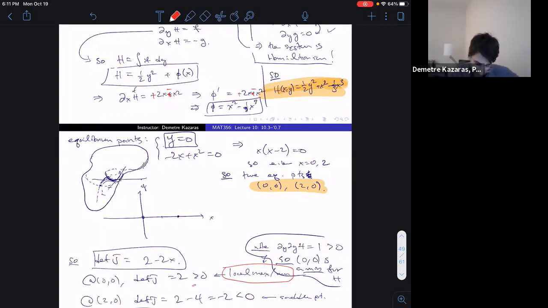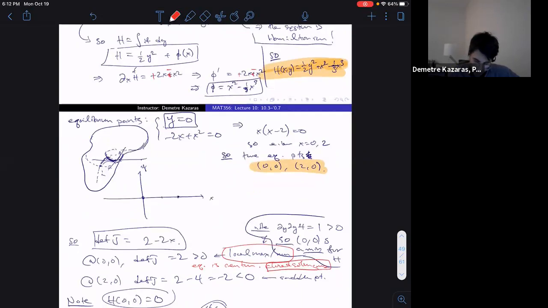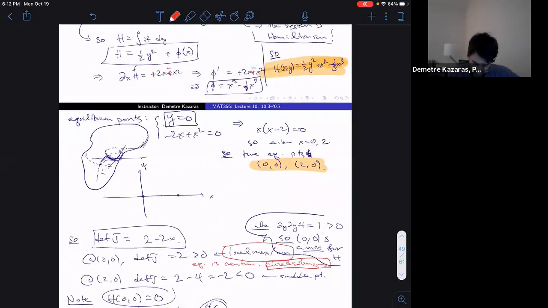So this equilibrium point is a center, and a true center in the sense that there will be closed solution curves. And then the equilibrium point at 2, 0 is a saddle point.